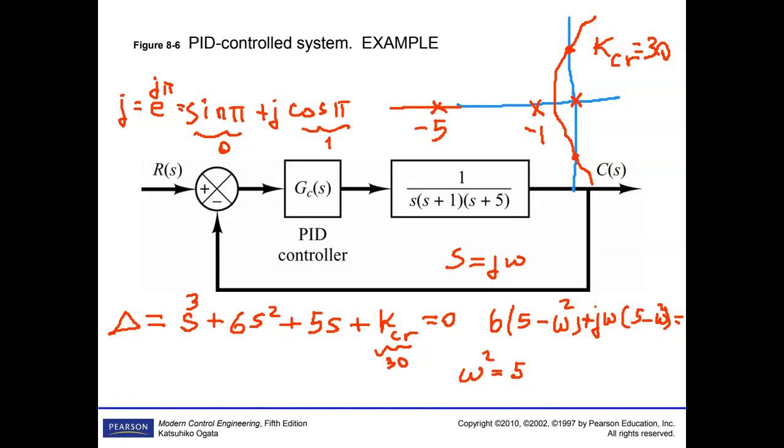Accordingly you can put s, for example, s to the power 3 is equal to s times s square. That means j omega times (j square omega square).